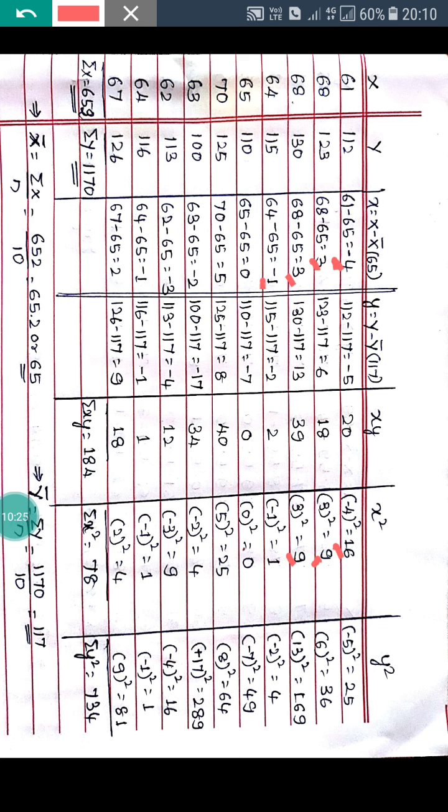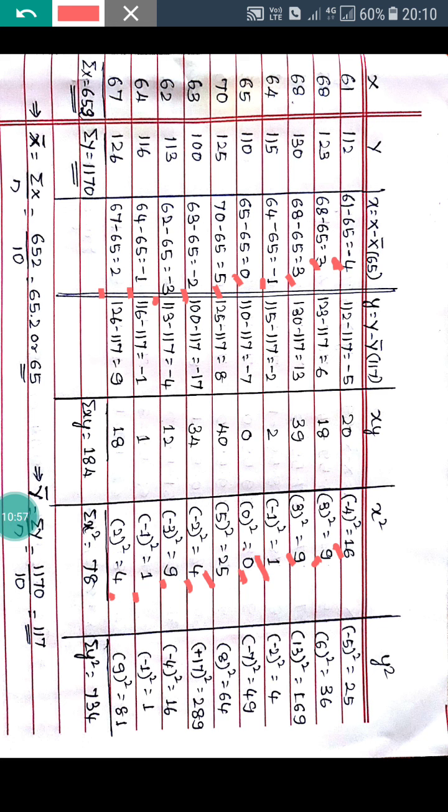Minus 1 into minus 1 is plus 1. 0 into 0 is 0. 5 into 5 is 25. Minus 2 into minus 2 is 4. Minus 3 into minus 3 is 9. Minus 1 into minus 1 is 1. And the last observation is 2 into 2, which is 4.